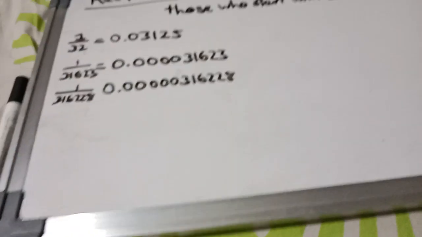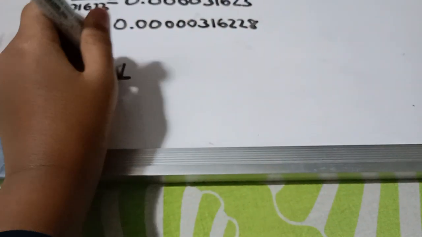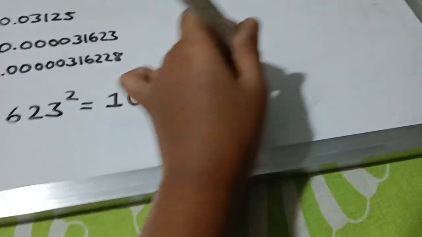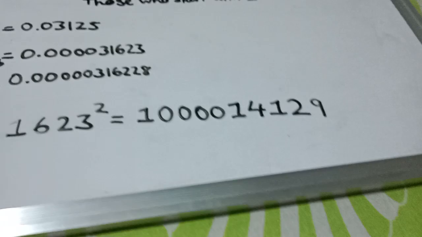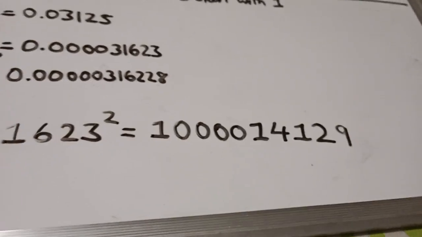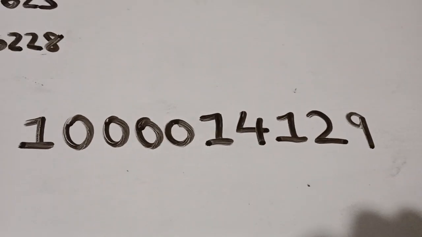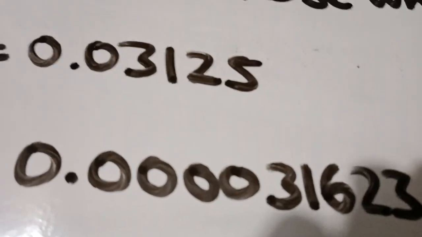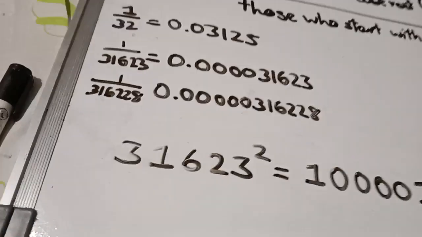But if I take 31,623, it might become easier for you. So, this number has 4 zeros, and after the decimal point, it also starts with 4 zeros.